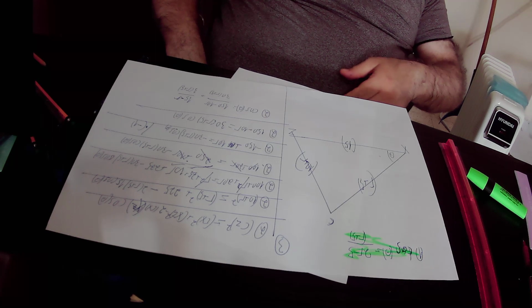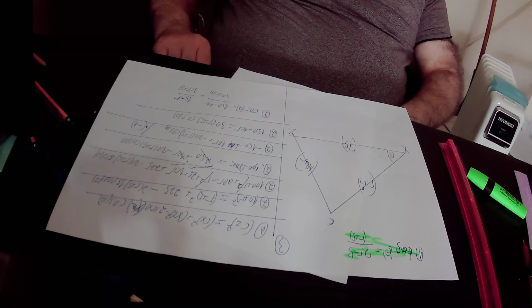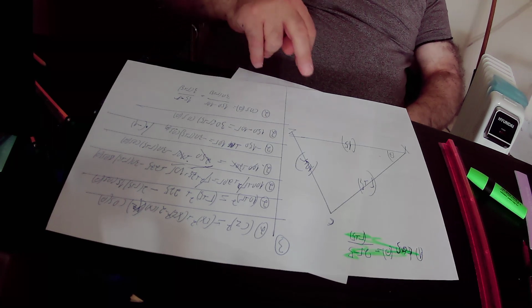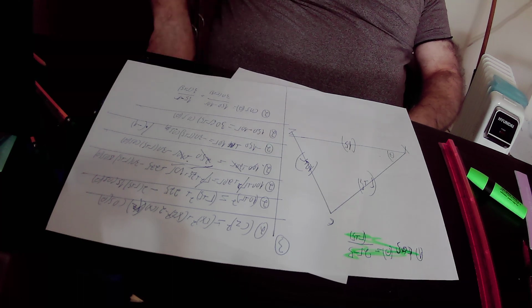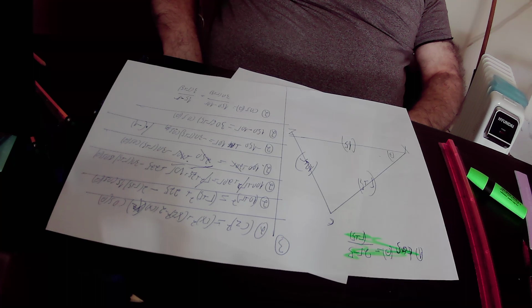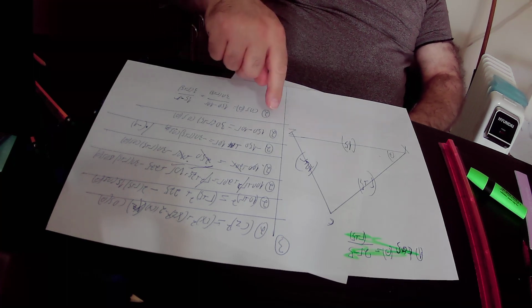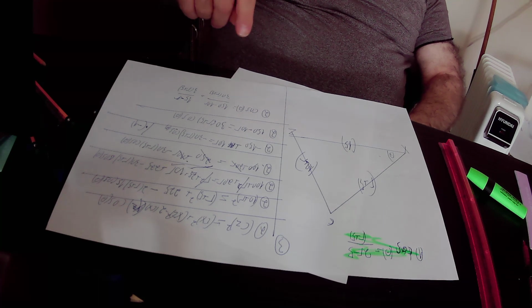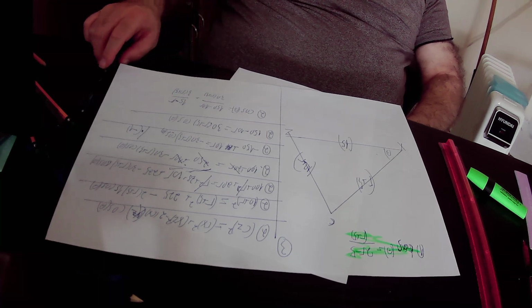Then we implemented the law of cosines in triangle CXZ. According to the law of cosines in triangle CXZ, CZ square equals CX square plus XZ square minus 2 times CX times XZ times cosine theta. Okay?